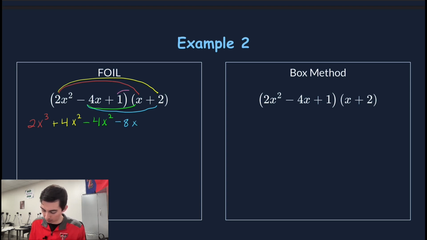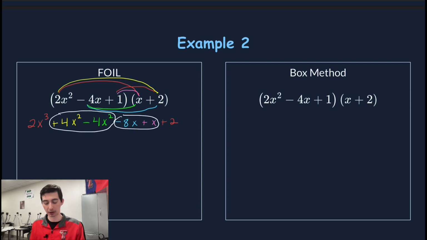And then last I can do my 1 times my x to get x, and my 1 times my 2 to get 2. And now let's circle any like terms that we have. So I've got these 2x squared terms, and I've got these 2x terms. So now 4x squared minus 4x squared, that actually just cancels out.